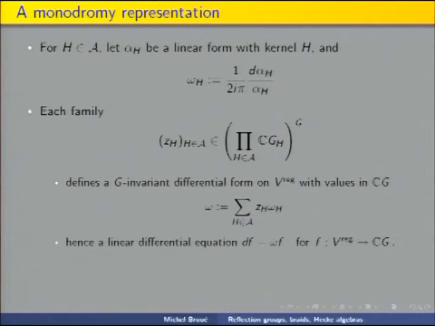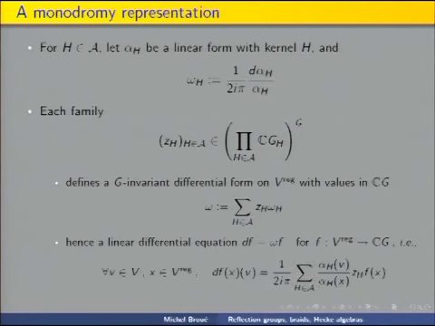And since we have a differential form on Vreg, it defines a linear differential equation, df equals omega times f, for any f going from Vreg into the arrival space CG. Since I'm sure that many of you are saying yes, yes, yes, but they don't understand concretely what it means, let me describe what it means concretely. It's very easy.